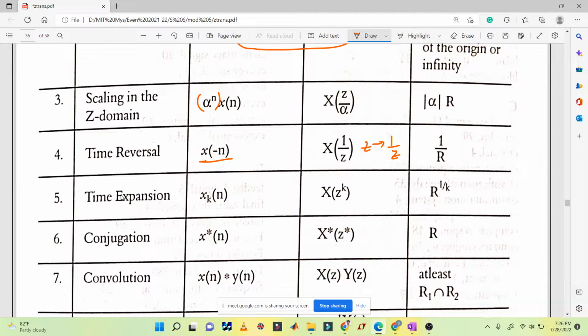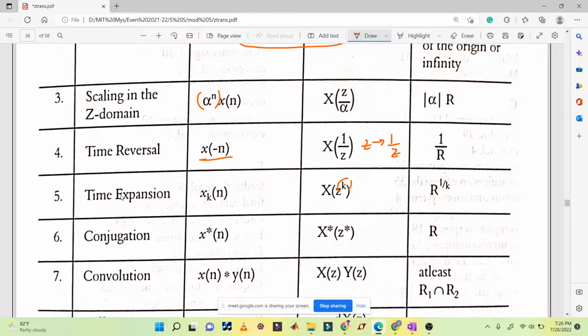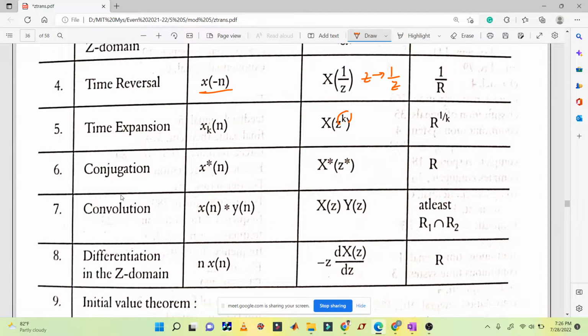Time expansion. If x of kn is given, this property we have not discussed, but then x of z to the power k will be our result. So this one we are not dealing with. Convolution property is very important. So x of n convolution h of n is given, and you are asked to find y of n.